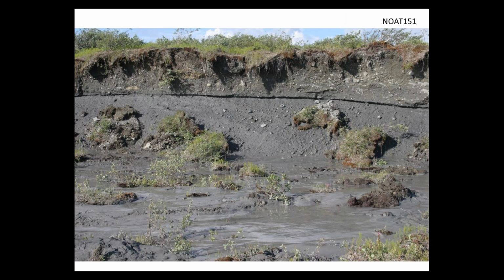Here's another example, glacial till over glacial ice. And if you think about it, in continuous permafrost, if you have glacial ice wasting away, and it's debris-rich ice, eventually the stuff will end up on top, and as soon as you get 1.5 meters or 2 of material on top of the ice, you're in the continuous permafrost zone.